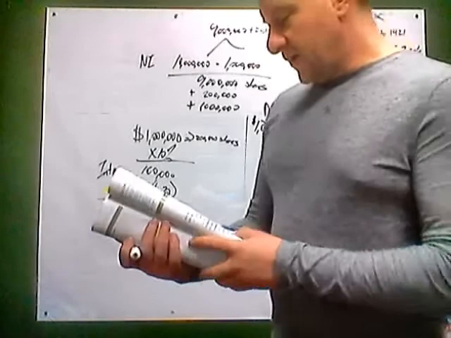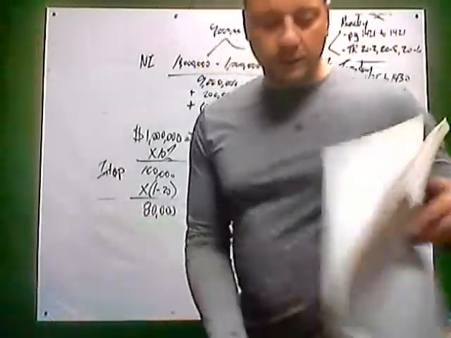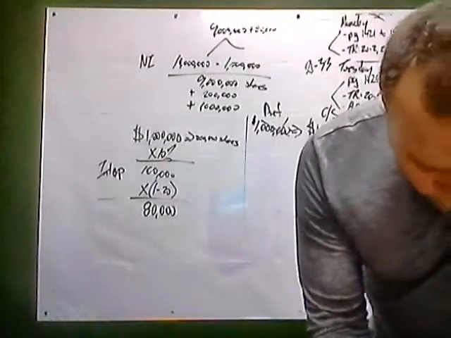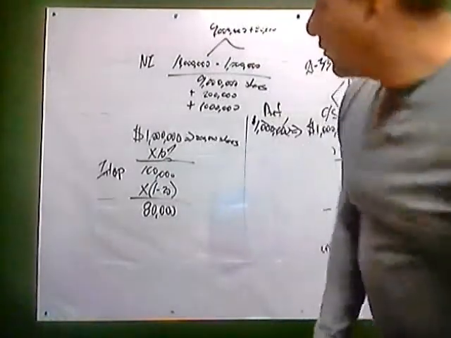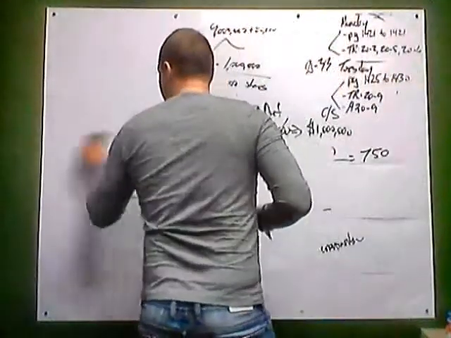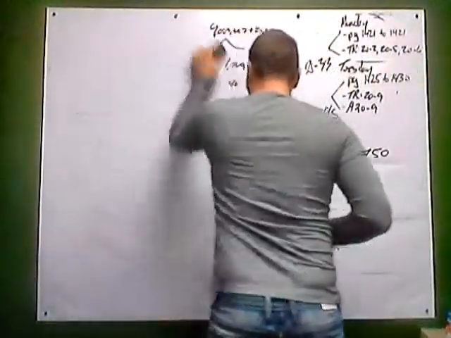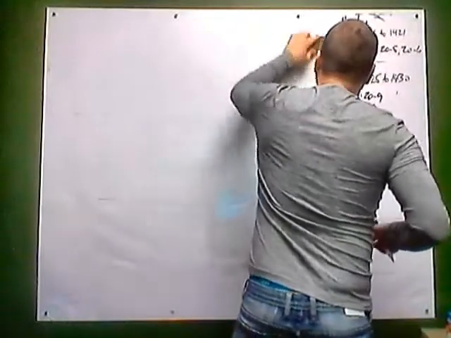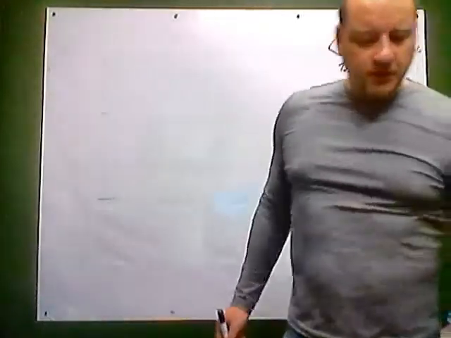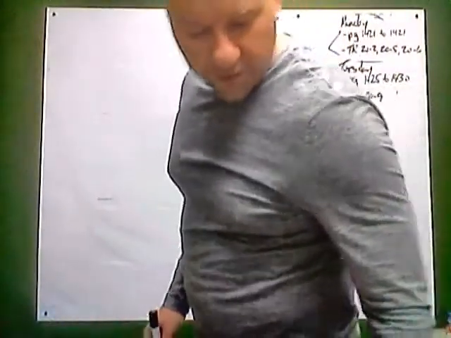Why? Because in this case you can see we have options. Okay, great. So I'm going to do an example here. I'm just going to follow along. Our basic EPS numerator is 450,000.